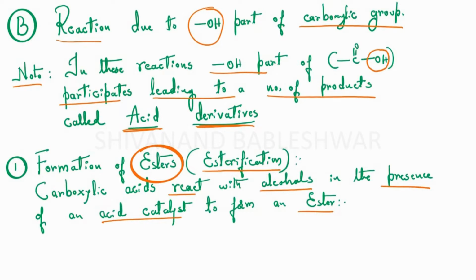And one has to remember that these esters are always having a fruity odor, right? So when an unknown compound is given for you, and if the person, that is nothing but the invigilator, if at all he has asked you to add an alcohol to that compound and tell what the compound under investigation is, so if it is giving a fruity odor, then your answer should be that the compound under investigation is nothing but carboxylic acids.